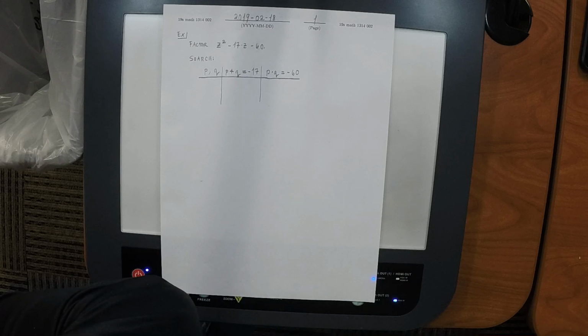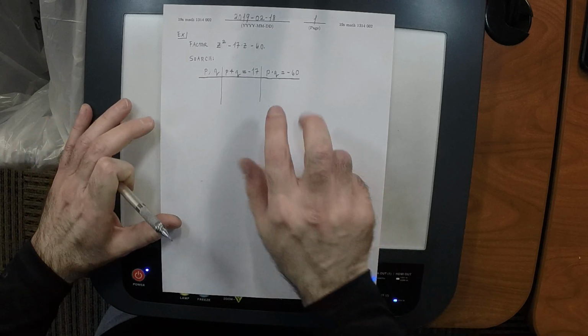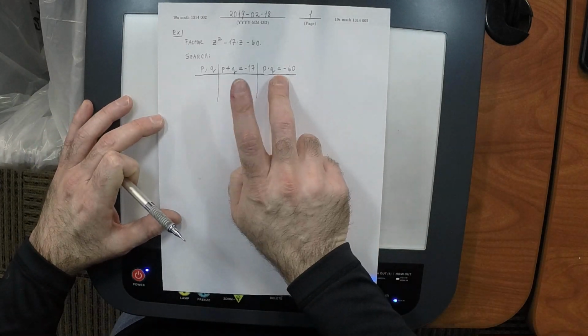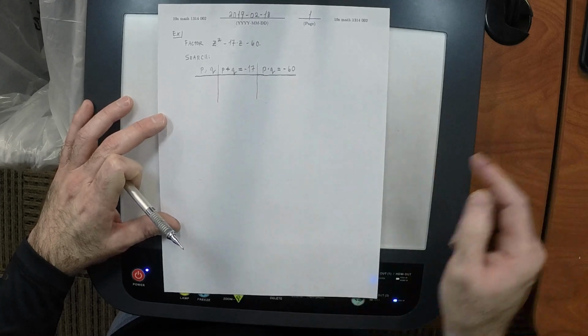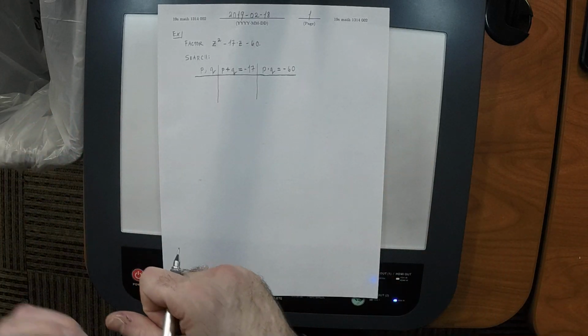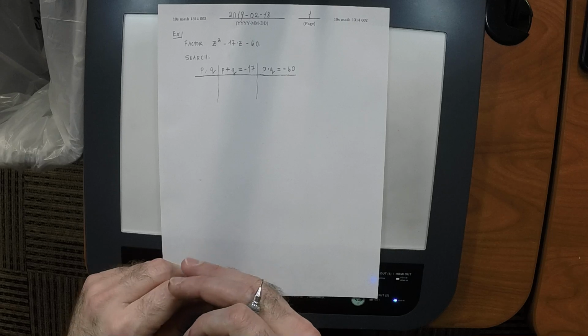And so we want to find two numbers that satisfy two conditions. Now it's easy to find two numbers that satisfy just one or just the other, but the real trick is finding two numbers that satisfy both at the same time.